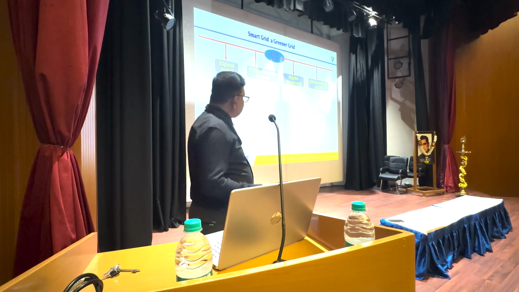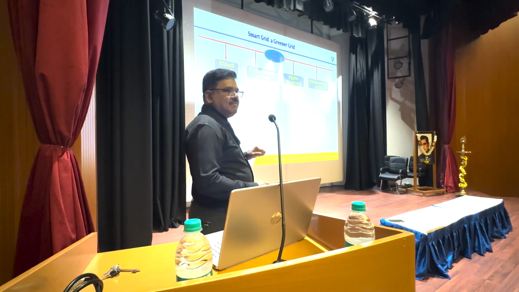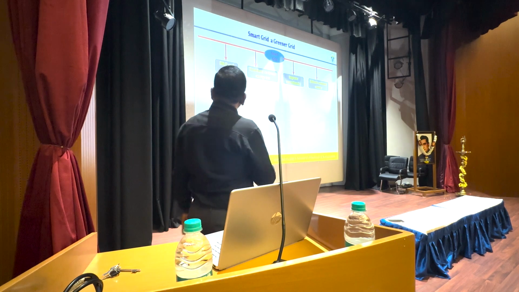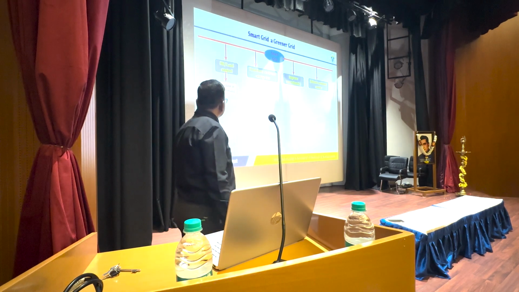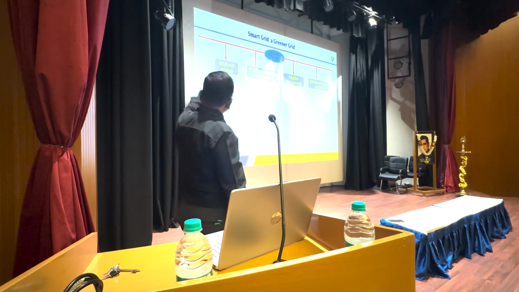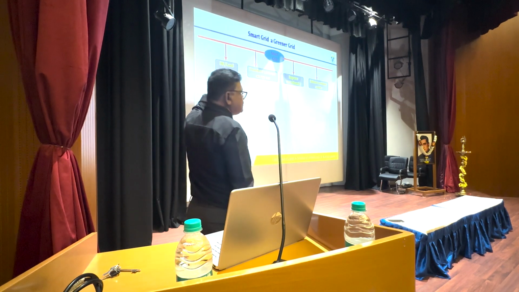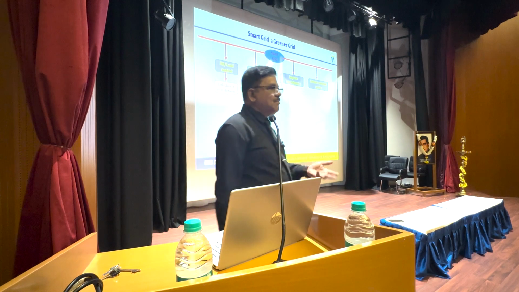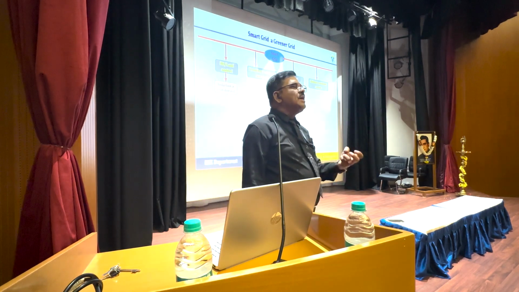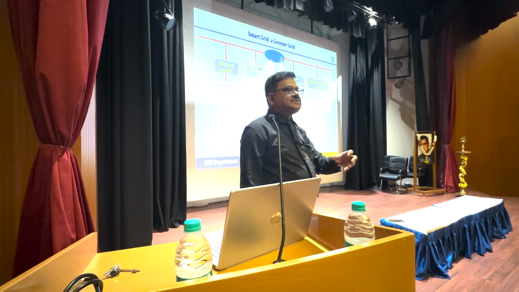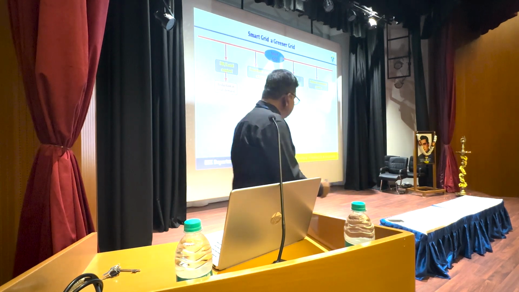Now I want to authenticate that the smart grid is your greener grid. For that I am showing this. First let us take demand response or load control. What happens, because demand response and load control are done, there will be a reduction in the peak demand. Whenever peak demand is reduced, it is easy for us to integrate the renewable energy sources.